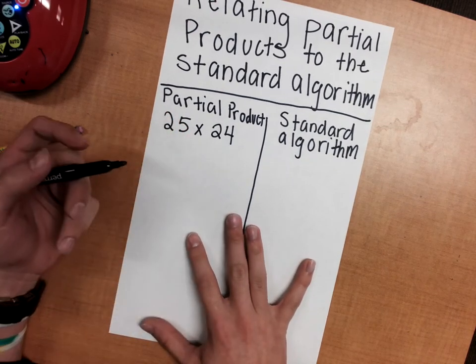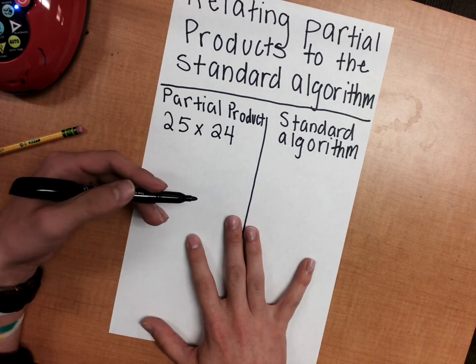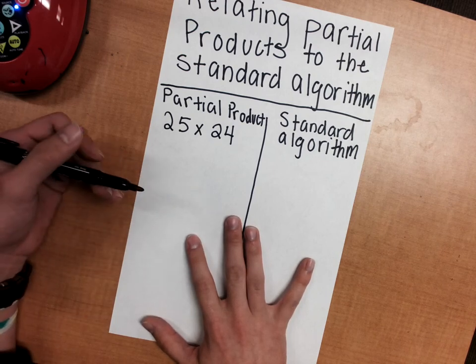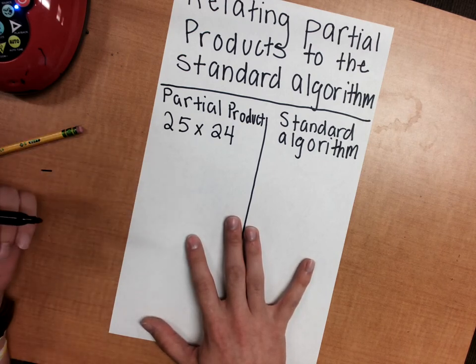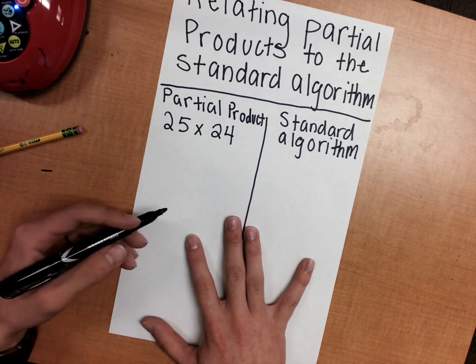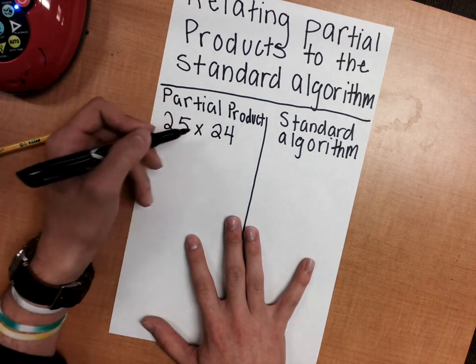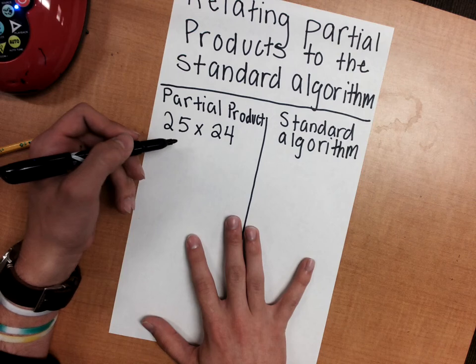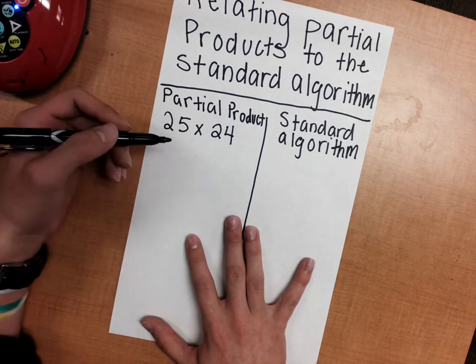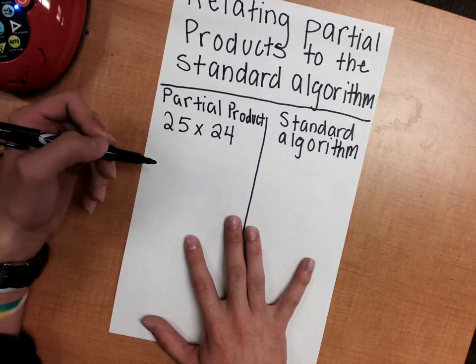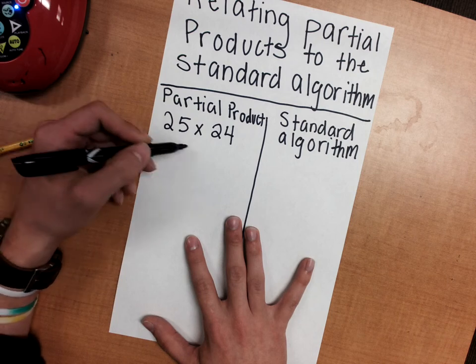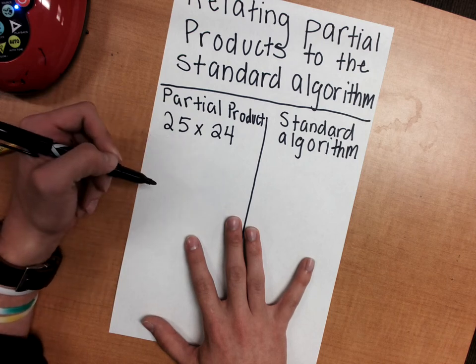In my last video, I talked a lot about partial products, two-digit by two-digit. If you need a quick refresher about how to do that, you can go over and click on that video. But I'm going to continue on over here. So when I talked about two-digit by two-digit partial product, our first step was to put all of our numbers into expanded form.